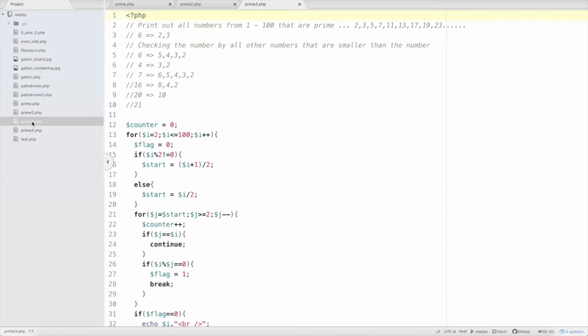For example, when we want to check if 9 is a prime number, we don't check with all of the numbers starting from 8, 7, 6, 5, 4, 3, 2, 1, but we know that there are only two primes, 2 and 3, up to half of the way of 9. The half of 9 is 4.5, let's call it 5. So there are only 2, 3, and 5 that we need to check the number with. So we just checked with all of the prime numbers, and that reduced our loop drastically.